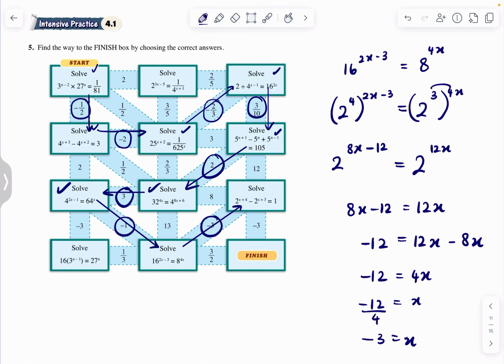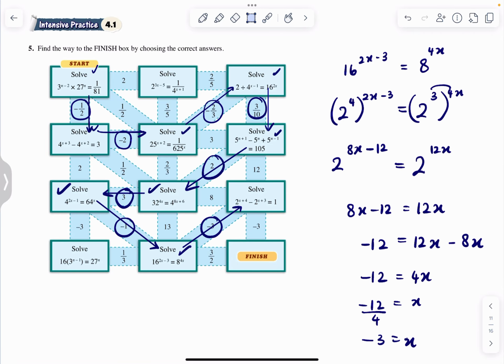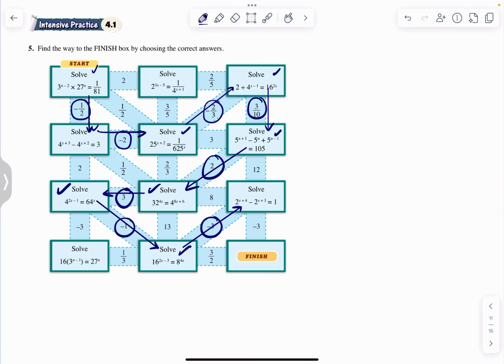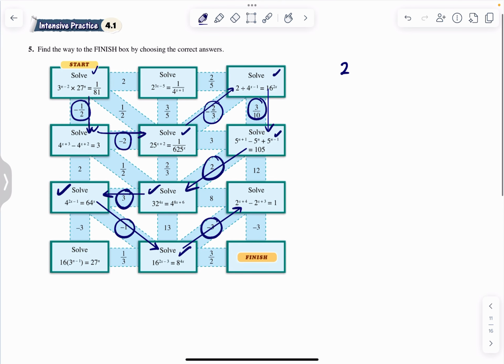Okay, the last question. Right, let's try. 2^(x+4) minus 2^(x+3) equals to 1. Since this one cannot make it into same base, we expand.